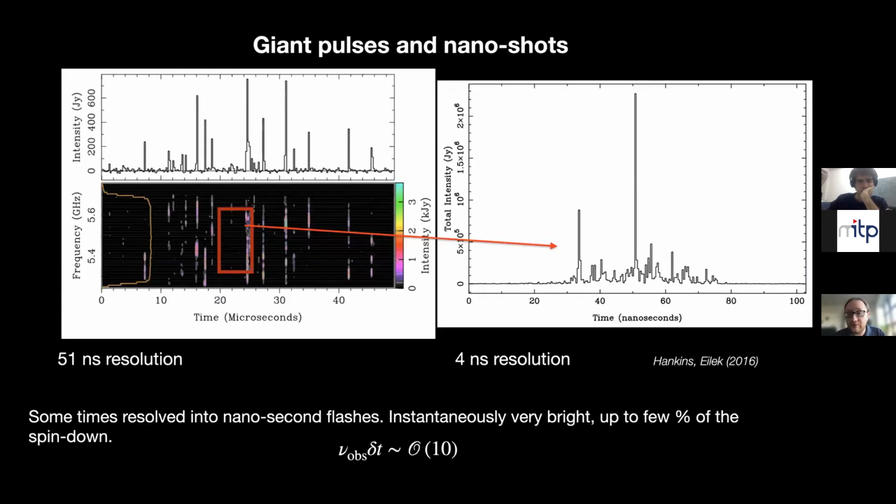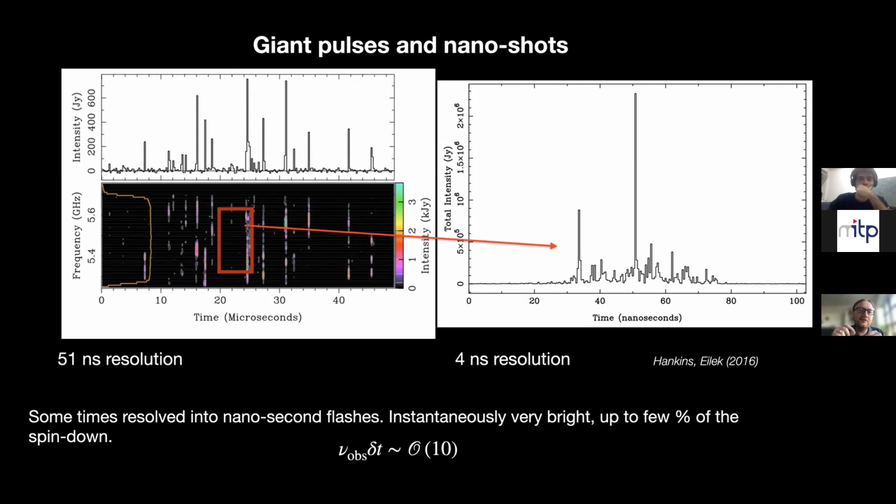It has very peculiar features. If you really time resolve this emission, you find out that the emission is not continuous, but it comes to you in flashes of microsecond duration. So this is intensity versus time. And then there is the time resolved spectrum in the bottom panel.